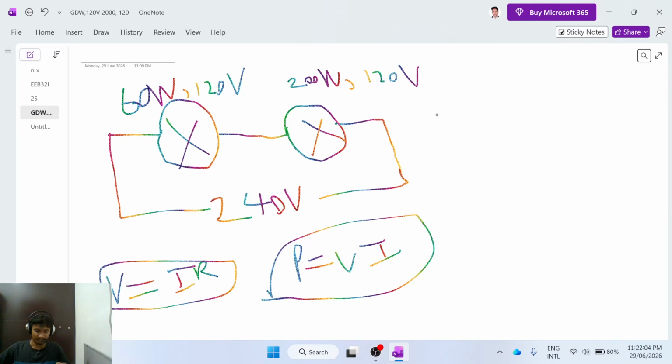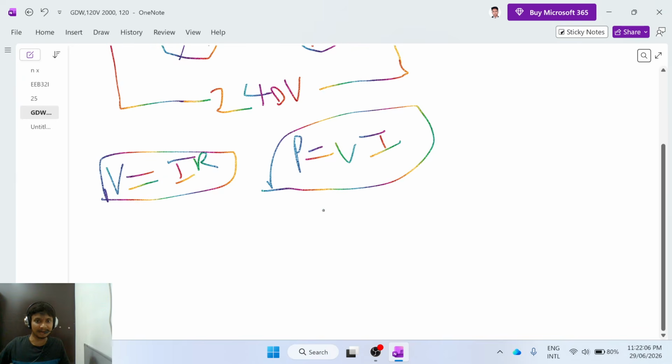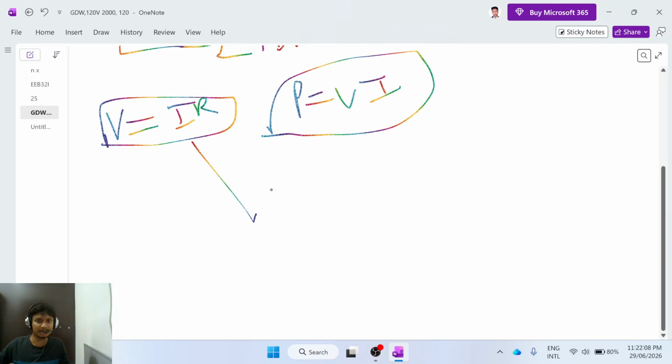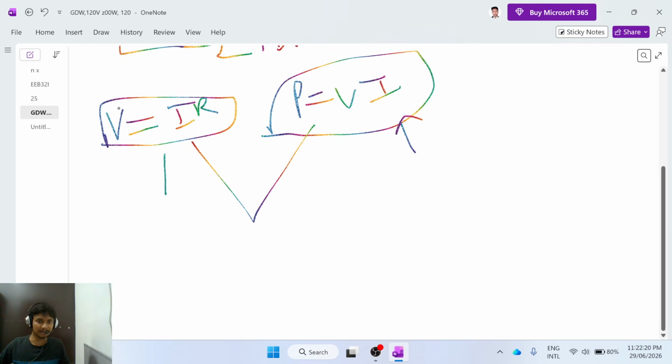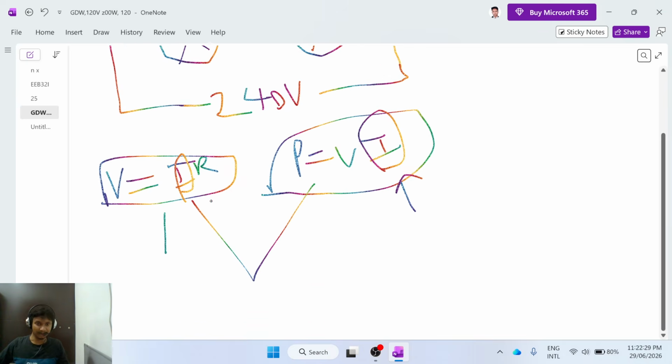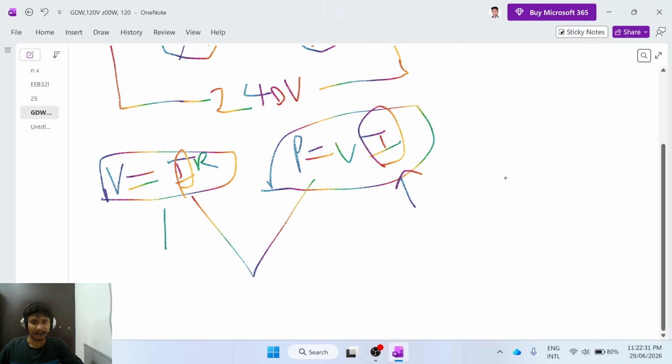Now we have to get another equation from these two equations, Ohm's law and the power equation. We have to derive a new equation for this question, because we don't know the input current. We only know voltage and power.